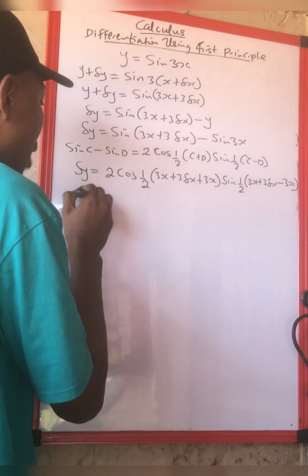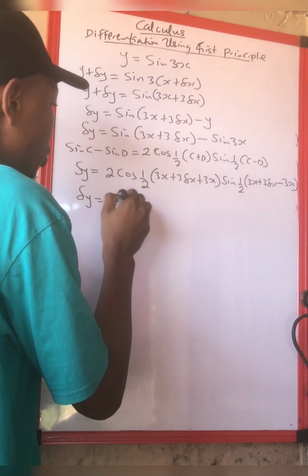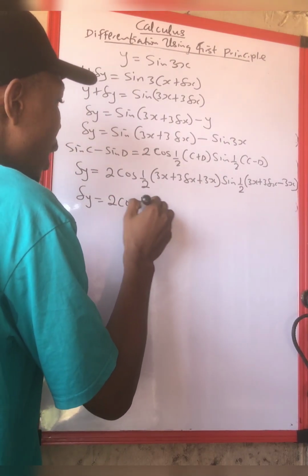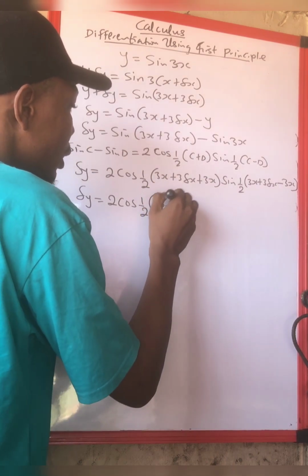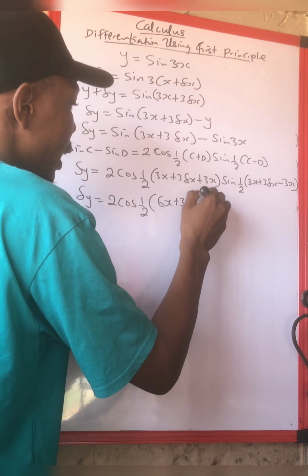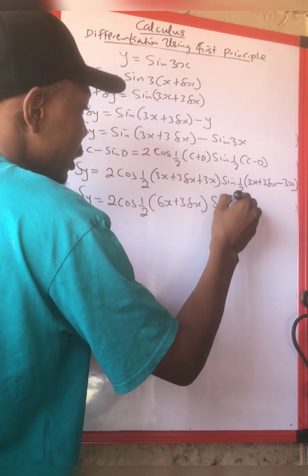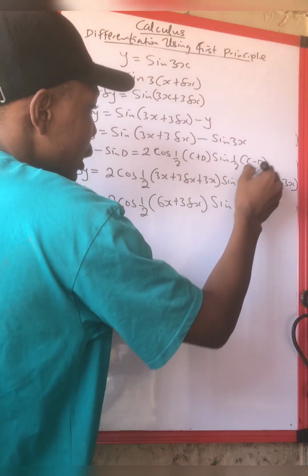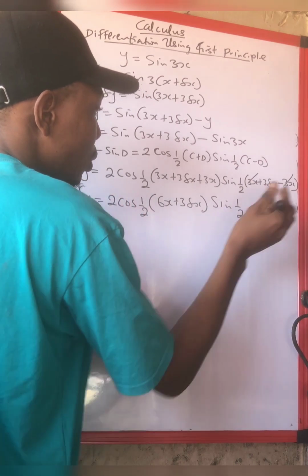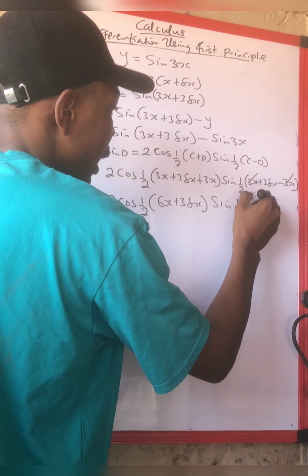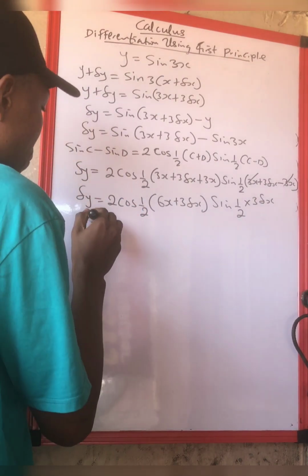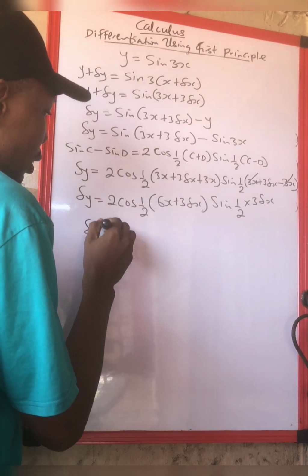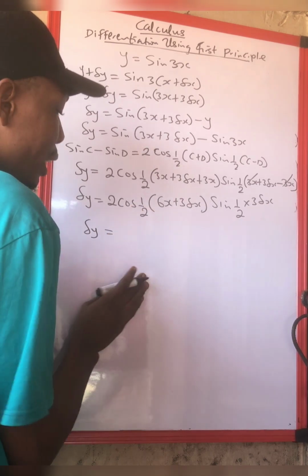So from there we have change in y equals 2 cos 1/2 (3x + 3x + 3 change in x), which gives us 6x plus 3 change in x, then sin 1/2. This can cancel out this, so we are left with 3 change in x.